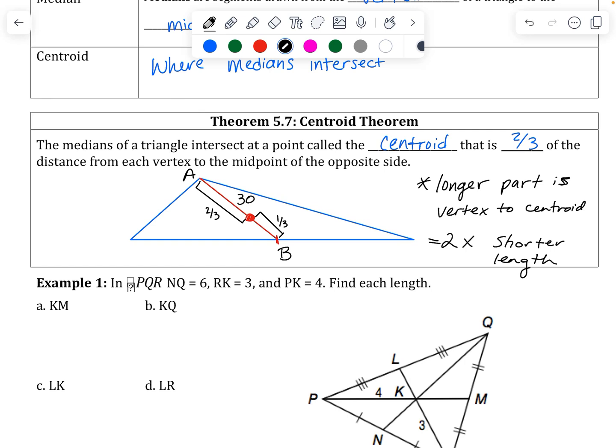Or if this was 30, the shorter part would be half of that, or 15. Conversely, I could say take the short part and double it. So if the short part was 7, the longer part would be 14. Or if the shorter part were 22, the longer part would be 44.